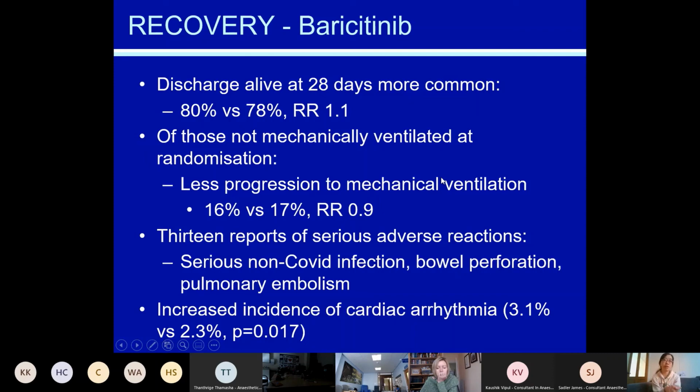Compared to dexamethasone, there are more reports of serious adverse events with baricitinib, including serious non-COVID infections, so secondary infections, bowel perforation and pulmonary embolism, and these were reported adverse reactions, which meant the clinicians involved were sufficiently convinced that these were related to baricitinib. And there's also an increased reporting of cardiac arrhythmias, 3.1% versus 2.3% in those not receiving baricitinib.